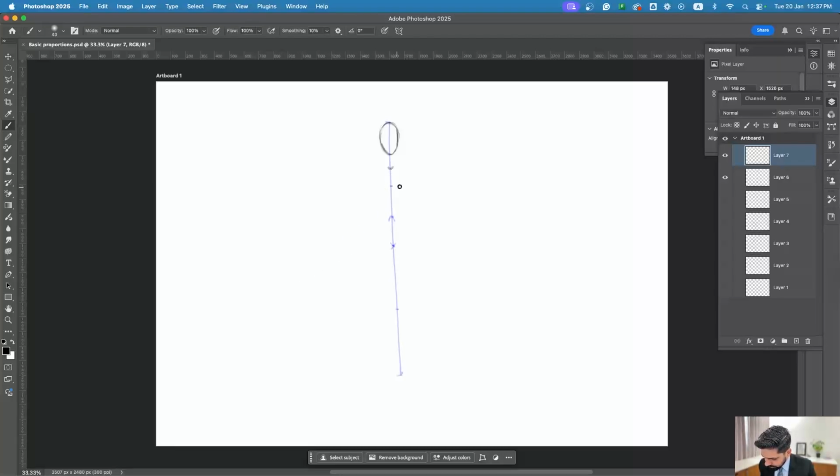And from this division, which is the pec division, we know that if we just invert this height and keep it here, that should be the nipple point, right? And so this is where the clavicle is, right in the middle here.